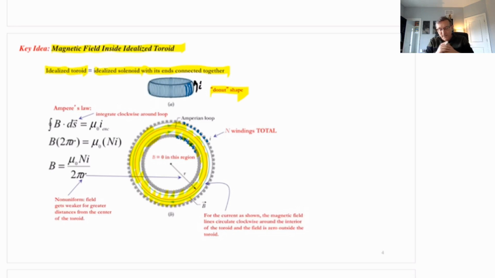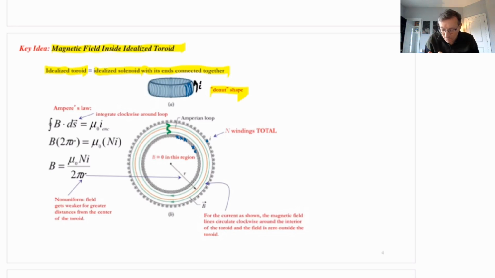Okay? And from the specialized right-hand rule, if I wrap my right hand around the toroid, the way the current's flowing, and look at the way my thumb points, that tells me the way the magnetic field's going. And what you end up with is circular geometry, is that the magnetic field lines are circles directed clockwise.